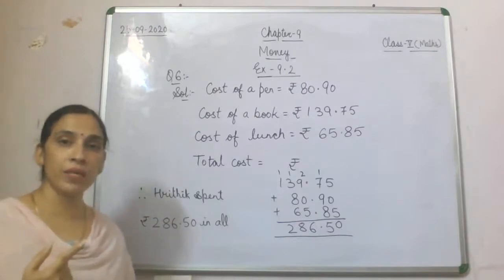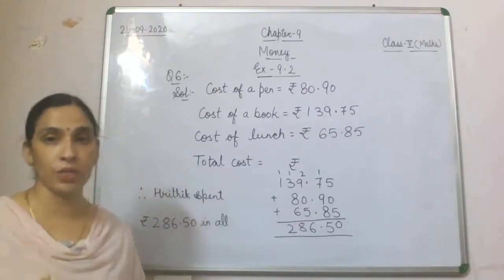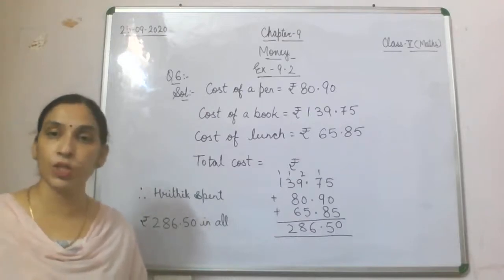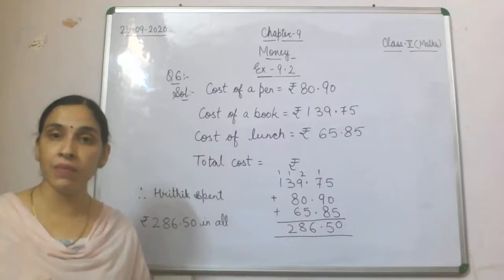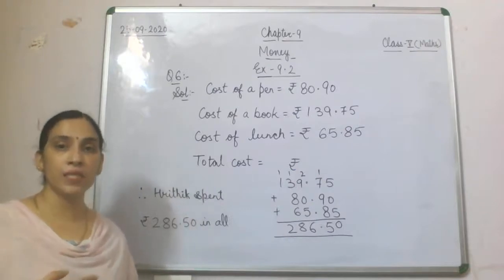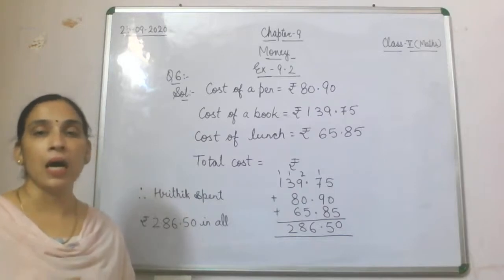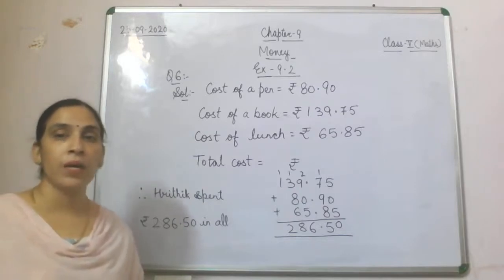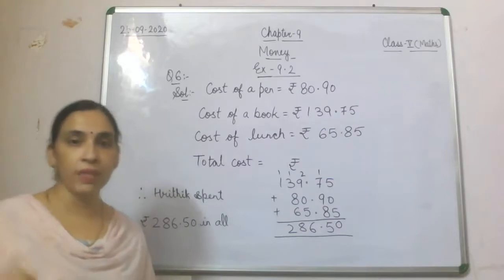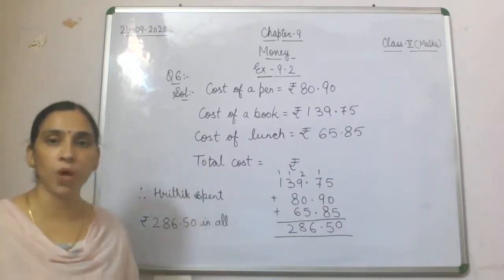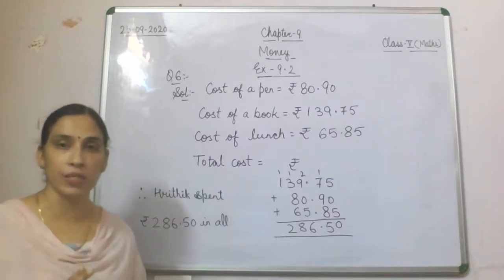Then we did applications, meaning word problems related to addition of money, and we saw how we can do them. I hope nobody is having a problem now in arranging and doing addition.